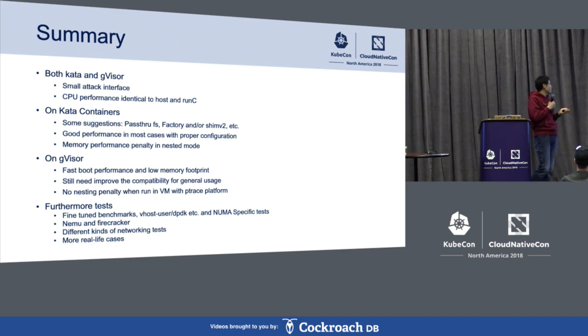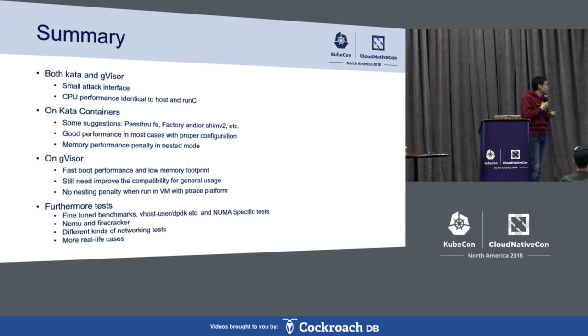So maybe this is a continuing project on the benchmarks. The good thing is maybe I can present at the next conference, and we will have more fine-tuned benchmark cases, such as enabling vhost-user for Kata on the network side, maybe for 40 gigabit, and some other NUMA-specific tests.